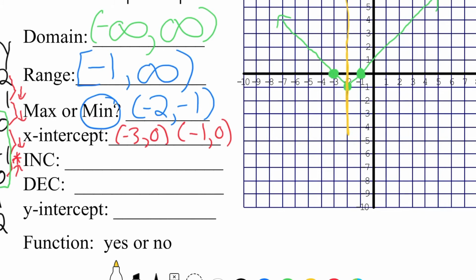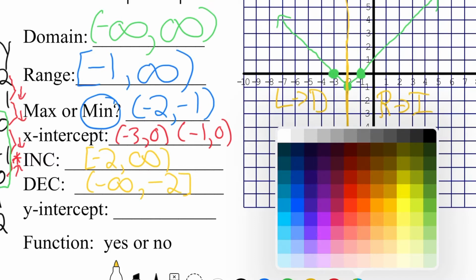We can split up our graph into 2 parts to determine our increase and decrease interval. On the left side, it is decreasing. On the right side, it is increasing. So for our increase, we're starting at -2, going to the right forever. For our decrease, our smallest x value is negative infinity on the left side, and then we're going to decrease until we get to x is -2.